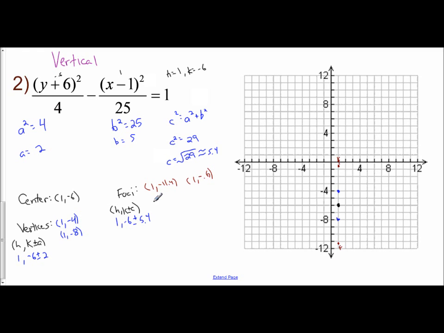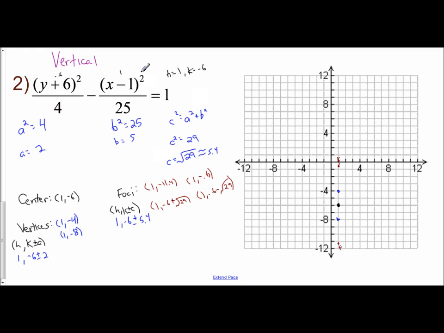If you want to do the exact radicals, go ahead. It's 1 comma -6 plus the square root of 29 and 1 comma -6 minus the square root of 29. Since we actually know what it is as a decimal, we can actually count on the graph and leave it in this form when it comes to the location of the foci coordinates.